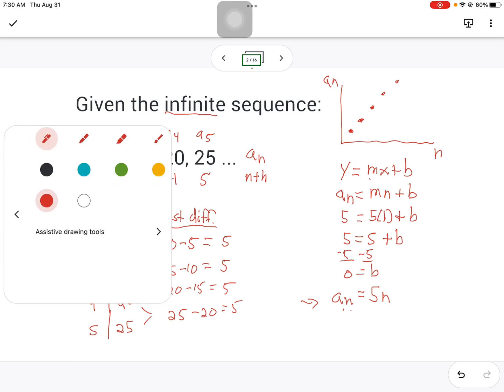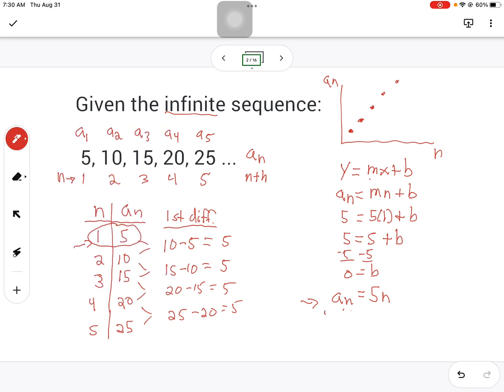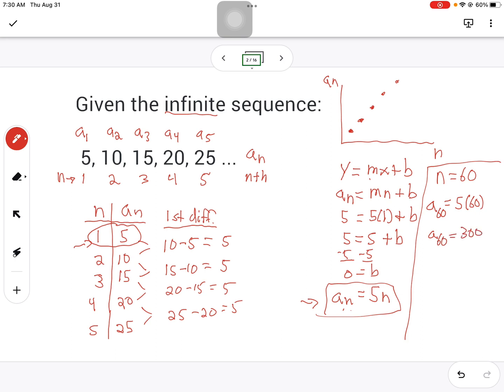I'm going to go ahead and get my pen back. And I just have a little bit of room. We'll just box it off like that. What is a sub n at 60? Well, that would be a at our 60th term, which would be, in this case, plug in a 60 at n, which would be our a at 60 would be 300.